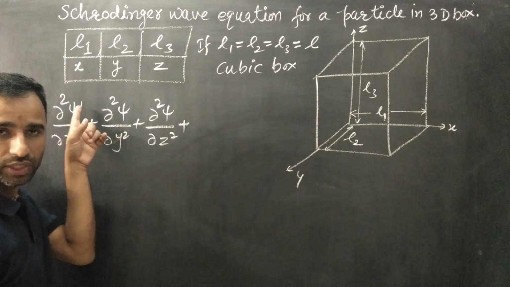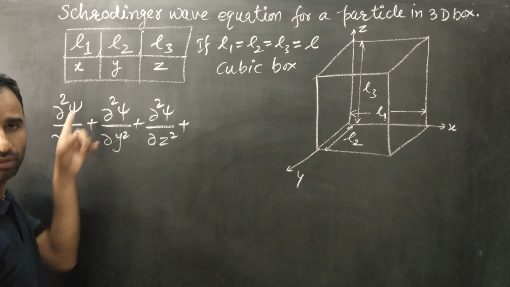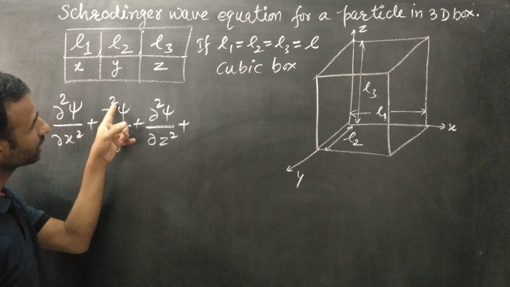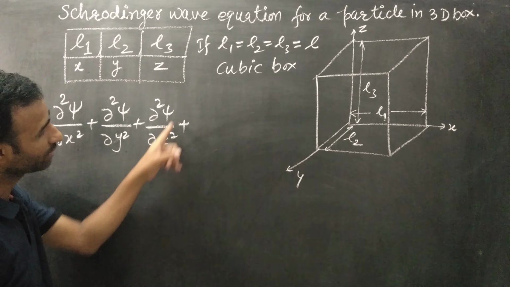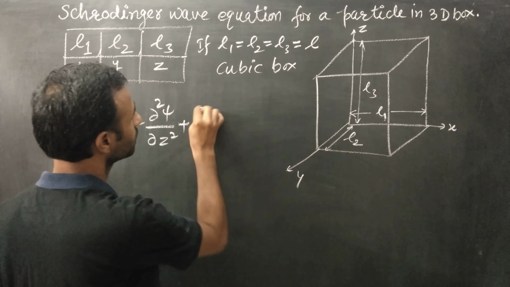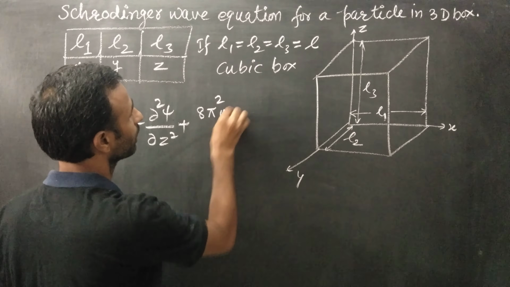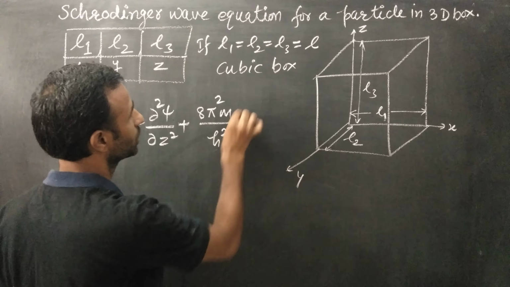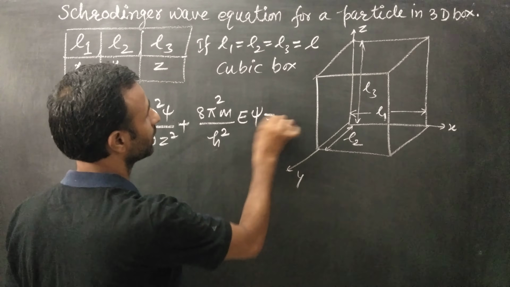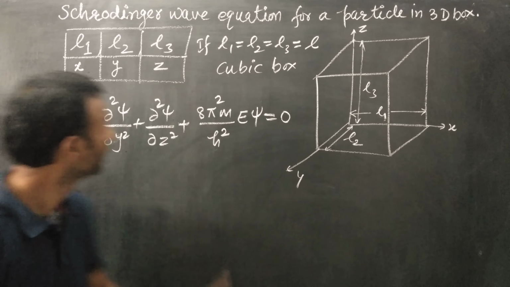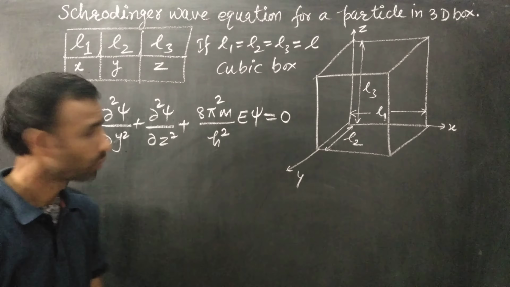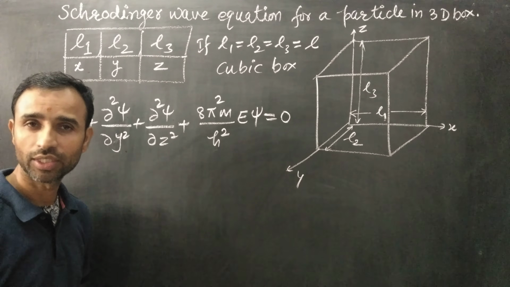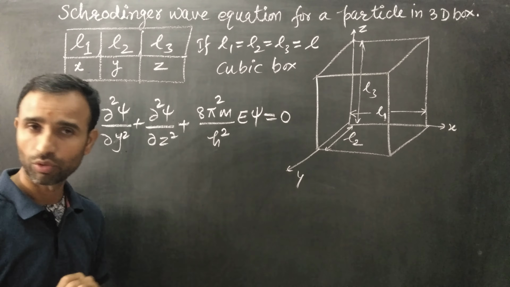These are the second partial differential of psi with respect to x, with respect to y, and with respect to z, plus 8 pi square m upon h square E psi equal to 0. Right? So this is the Schrodinger wave equation for a particle in a 3D box.